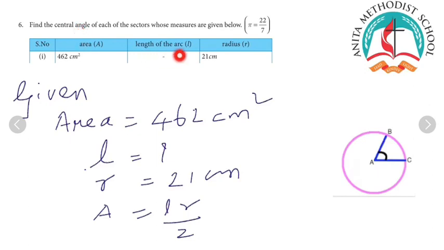To find the length of the arc, we use the same formula. Area is 462 centimeter square, length we don't know, radius is given 21 centimeter. We have to use the formula area is equal to LR by 2 square units.